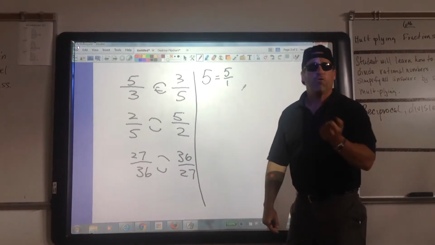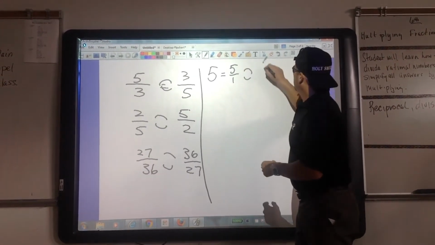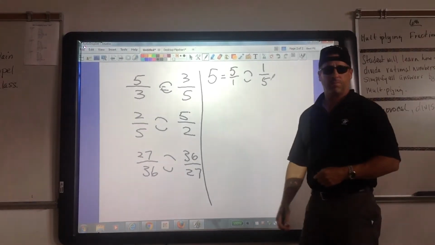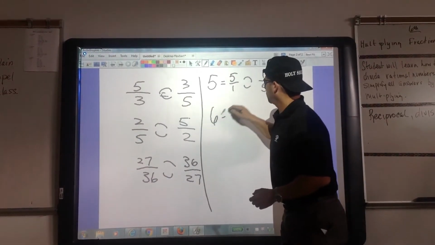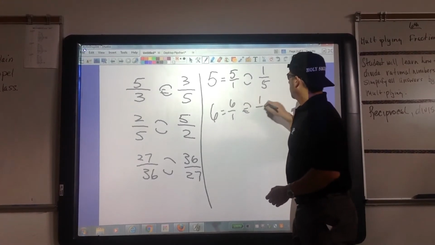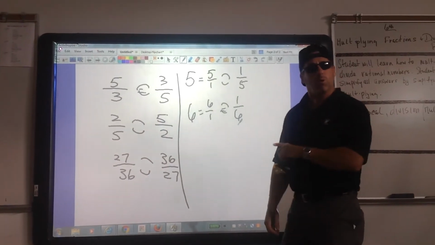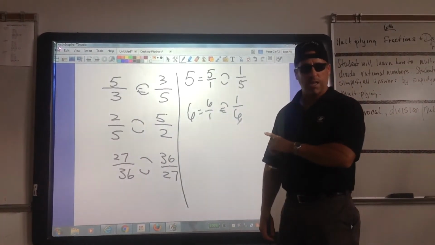Then you flip it. And the reciprocal of 5 is 1/5. Just like the reciprocal of 6 would be 1/6. Do you get that? If you have to pause just to get that, I need you to get that.